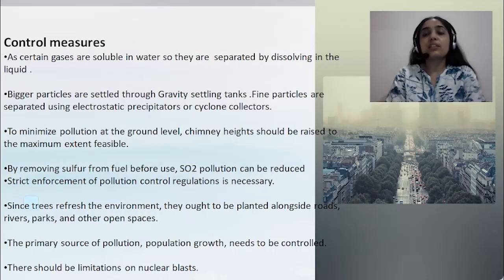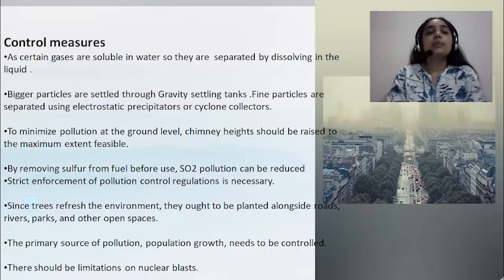But particles which are small and fine, which are not even easily visible, are not easy to settle or separate in the environment. So for that purpose we can use electrostatic precipitators or cyclone collectors.